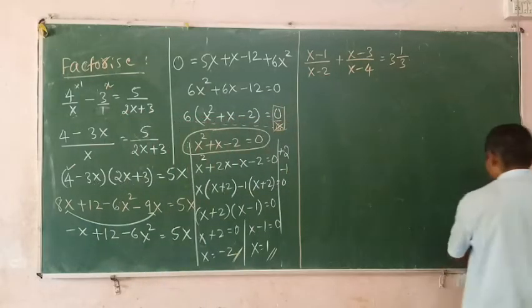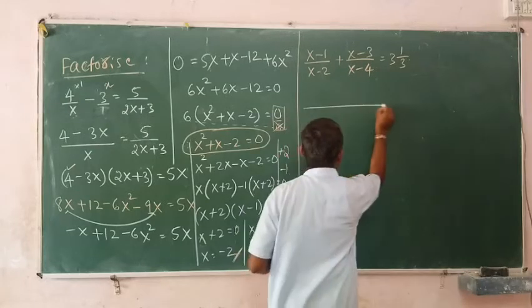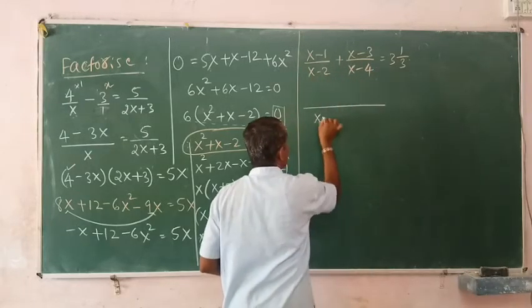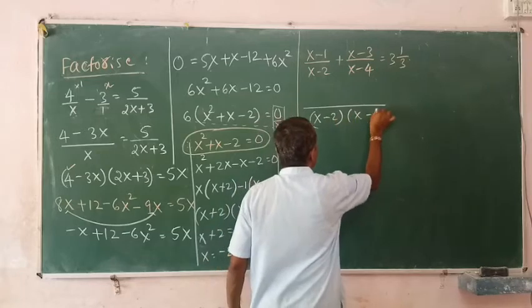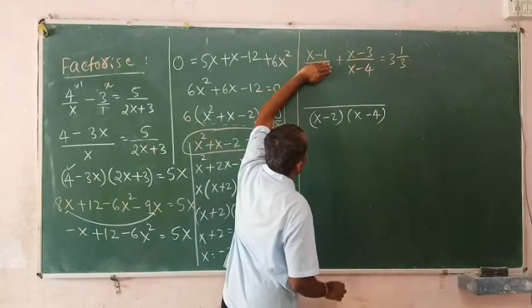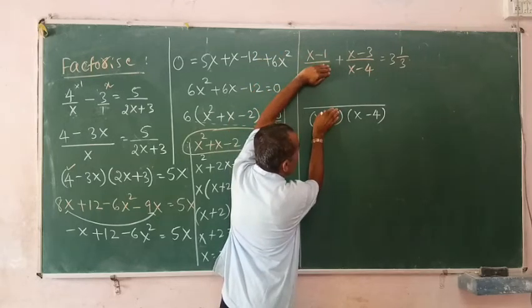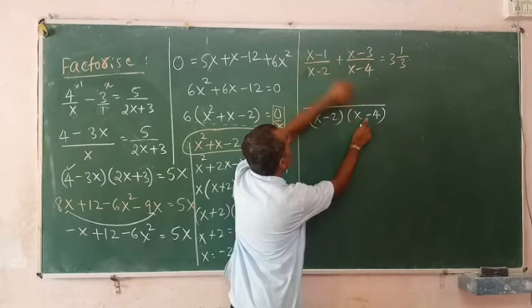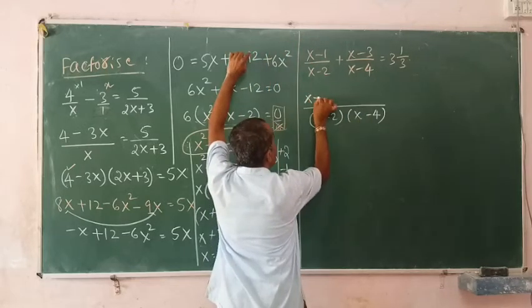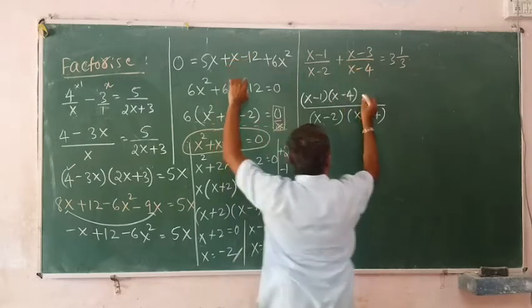Okay, come on. What is the first step? Go for the LCM. x minus 2, x minus 4 is the LCM. See here, this denominator, this LCM will come back. These two are the same, right? With this, multiply here, that is x minus 1 into x minus 4, plus.